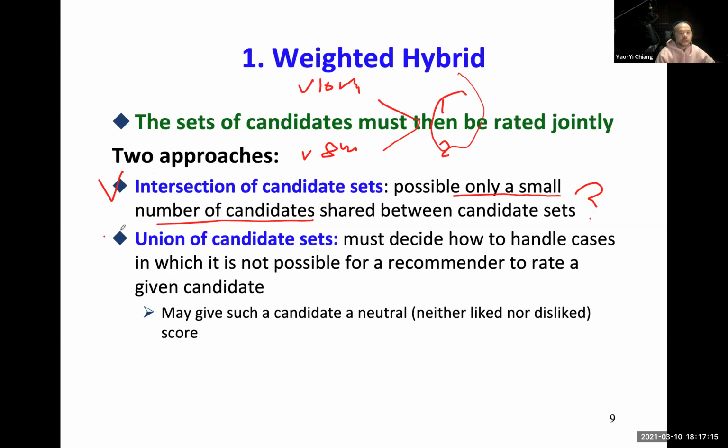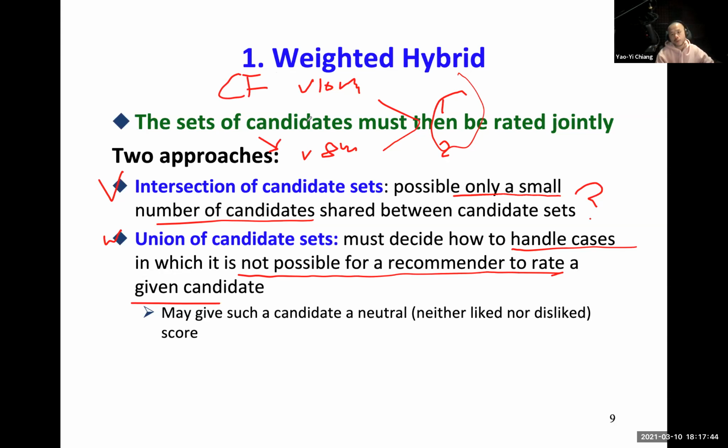If you use union, what would happen? Well, in some cases it would be impossible for one recommender to rate a given candidate. For example, your content-based system does not need any previous user rating for a movie. Say it's a new movie, you are able to recommend it, right? And if you ask your CF-based system, hey, what would be your prediction for this new movie?